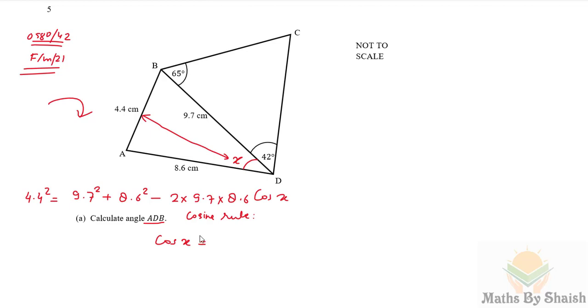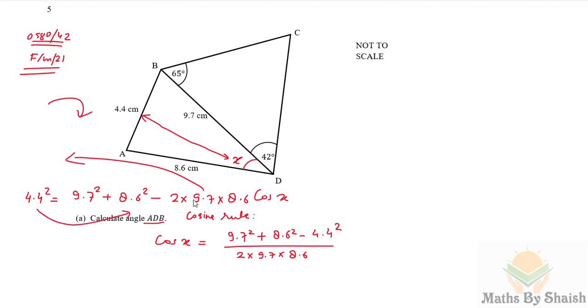Now here cos X would be 9.7 square plus 8.6 square minus 4.4 square divided by 2 times 9.7 multiplied by 8.6. I have transferred this to the left hand side and this to the right hand side, and afterward I transfer this product in the division.